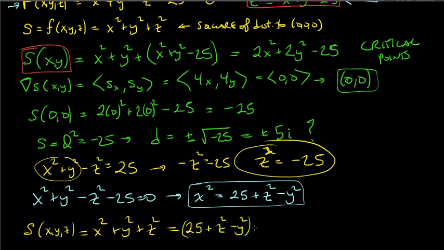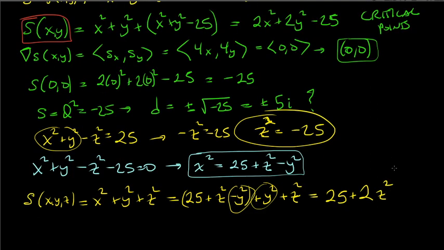So that's x squared plus another y squared plus another z squared. And when we simplify that, you get 25, negative y squared plus y squared is 0, and you get z squared plus z squared is 2z squared. Okay, and that, again, that's 25 plus 2z squared.